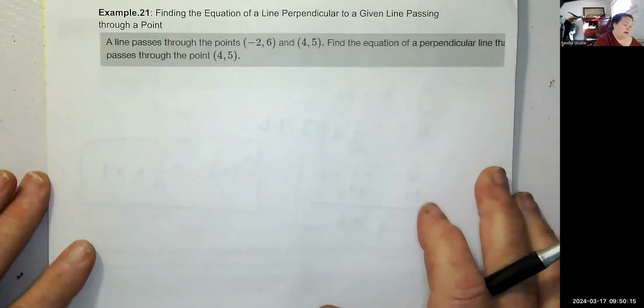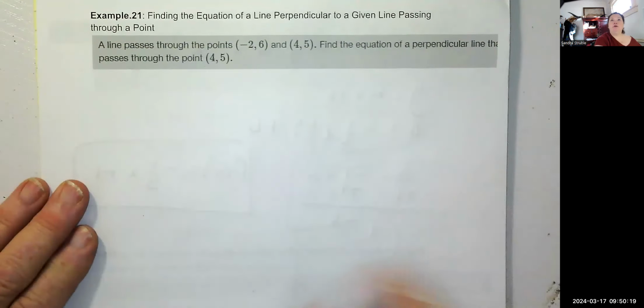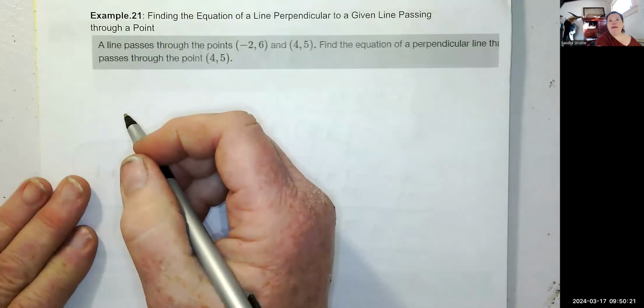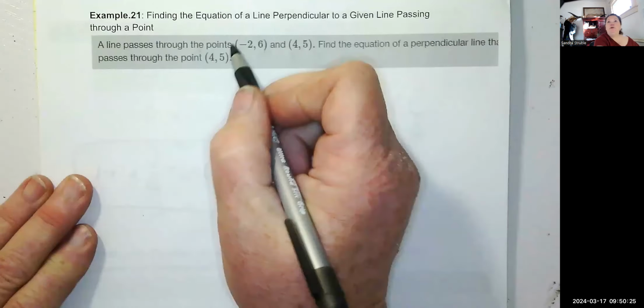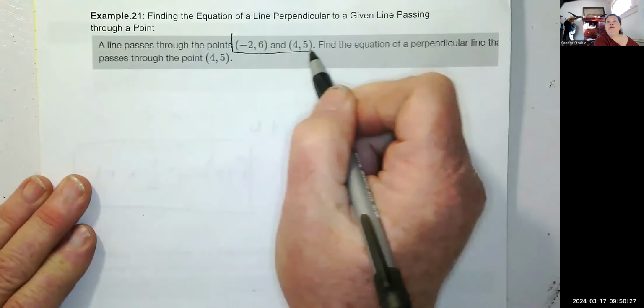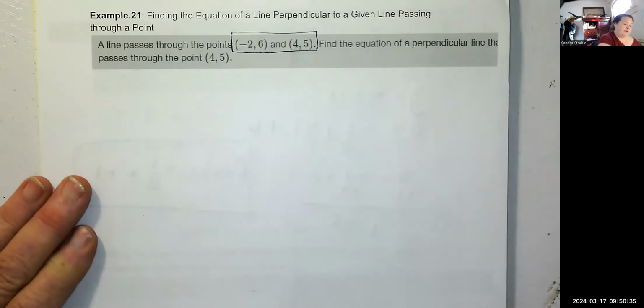We've got one more. Finding the equation of a line perpendicular to a given line passing through a point. Yet again, you're going to need to know this for your exam as well as the final. We've got an original line that passes through these points. I need to know the slope between those 2 points in order to create my perpendicular line.